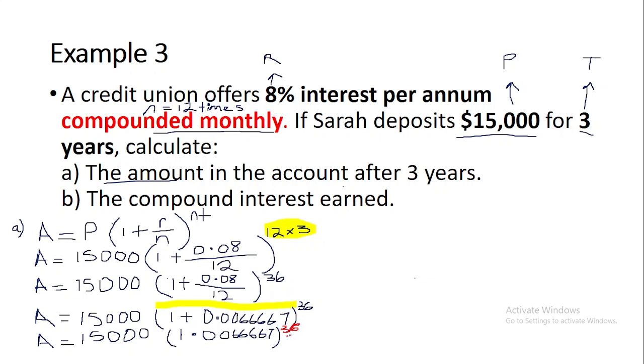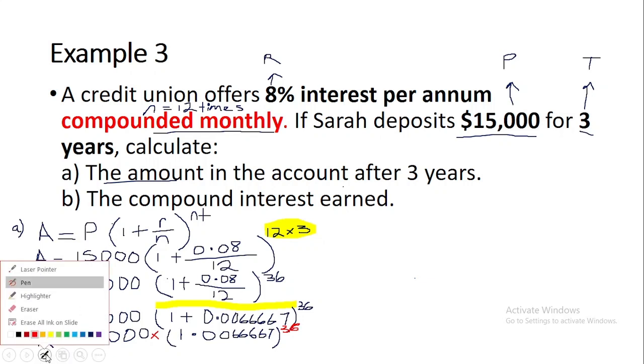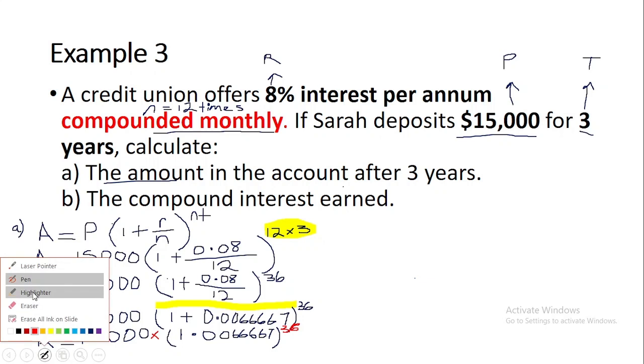So all of this must be raised to 36. So 1.00666667 raised to the power of 36, we're gonna multiply that by our 15,000, and we should get the total amount in the account for 3 years.